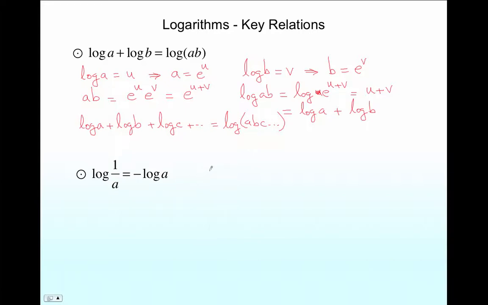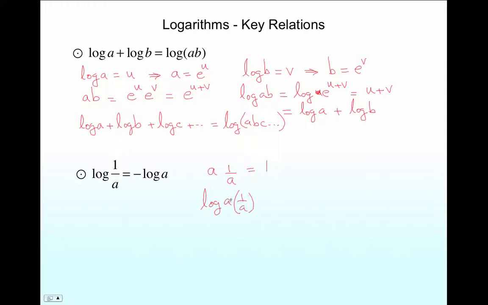And for this, we'll just use a little trick, that a times 1 over a is 1, of course. And so now let's take this one over here, a times 1 over a equals 1, and take the logarithm of both sides. So I have log of a, and here I have 1 over a.